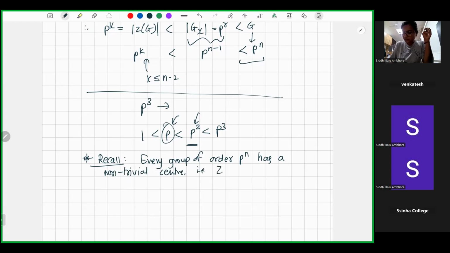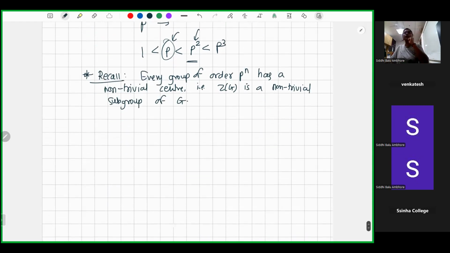That is, ZG is a non-trivial subgroup of G. Is this okay?